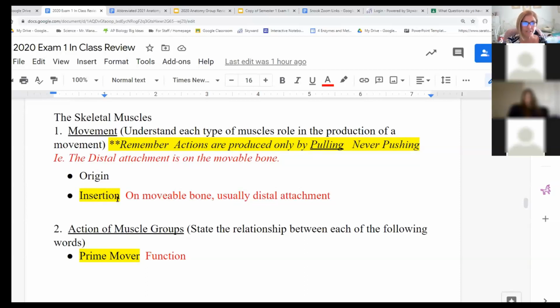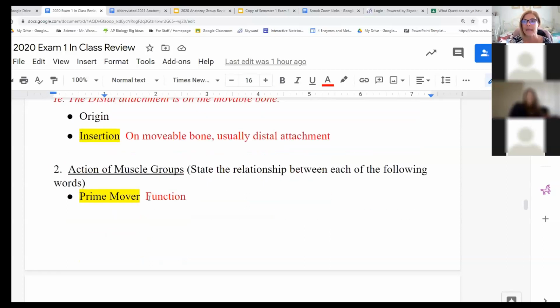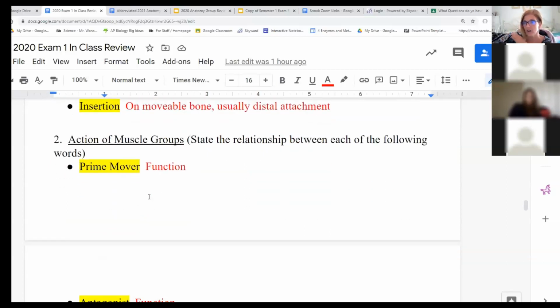There was some question on insertion and origin in yesterday's thread. So just know that insertion is on the movable bone. If it says it inserts on the thigh, you know the thigh moves, okay? Prime mover, the one mainly responsible. The prime mover of flexing the forearm would be the biceps. The synergist, brachioradialis, assists in the movement.